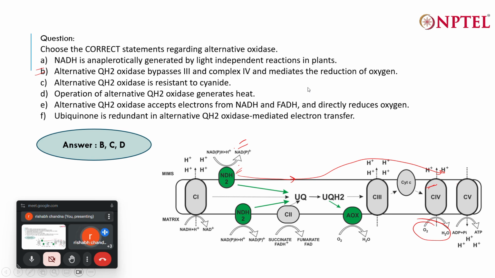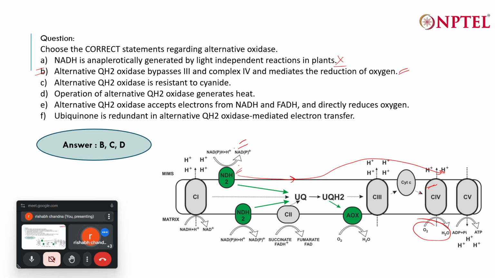So option A is NADH is anaplerotically generated by light independent reactions in the plants. No, this is false. Okay, alternative QH2 oxidase bypasses complex 3 and 4, mediates the reduction of oxygen. Yes, this is correct.